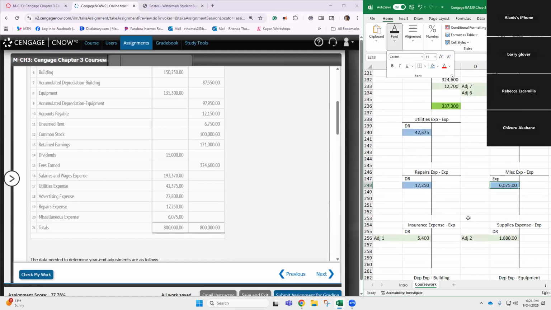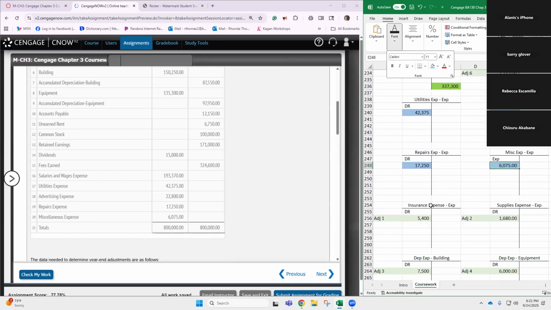But you should have an account that says insurance expense somewhere on your sheet, and it has 0 in it. So if you want to take your pencil and put a 0 there, that lets you know that there was nothing in it to start with.